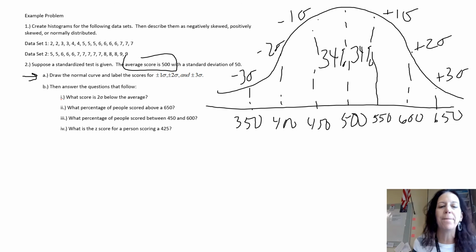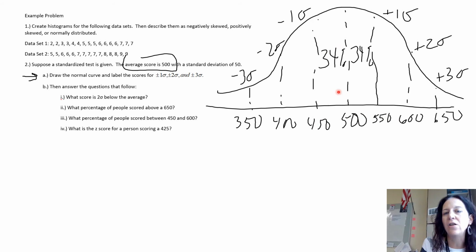And here's what that means, just to interpret that. What that means is that on this particular test, because we're talking about a test, 34% of the people who took the test scored between 500 and 550. And then 34% scored between 450 and 500. 68% of the people who took that test scored between 450 and 550.